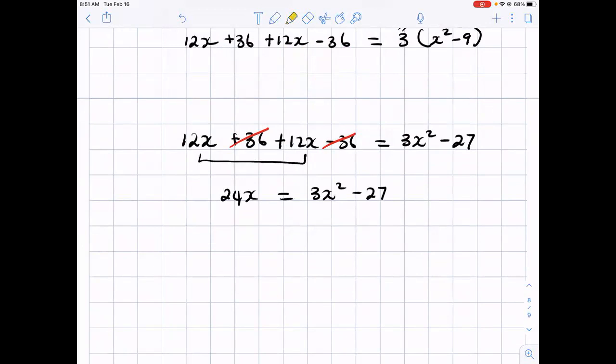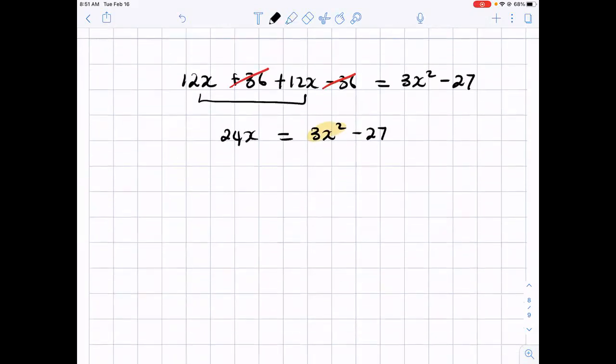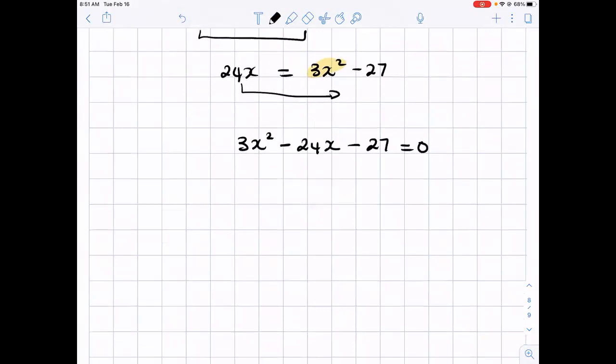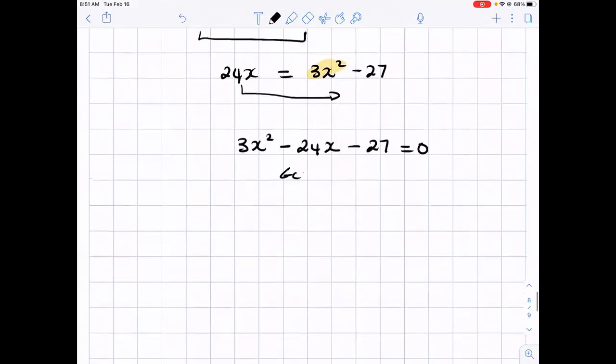Now notice that this is quadratic. So to solve this, we have to let it equal 0. If we move this to that side, we get 3x squared minus 24x minus 27 is equal to 0. We can divide throughout.